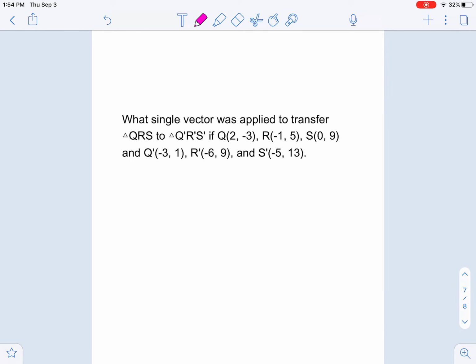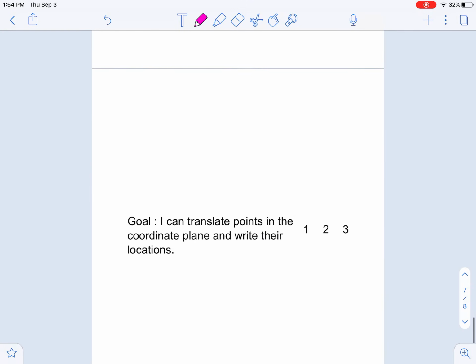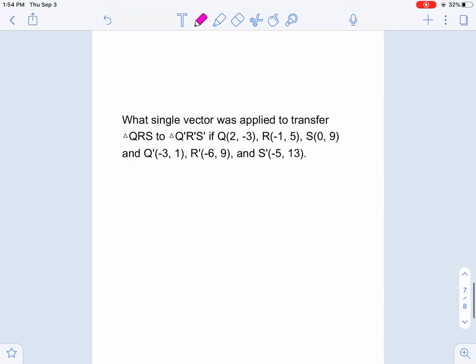All right, here's one that doesn't have a picture. So it says, what single vector, so my answer is just one vector, was applied to transfer triangle QRS to triangle Q prime, R prime, S prime, and then it gave you the location of QRS and Q prime, R prime, S prime.